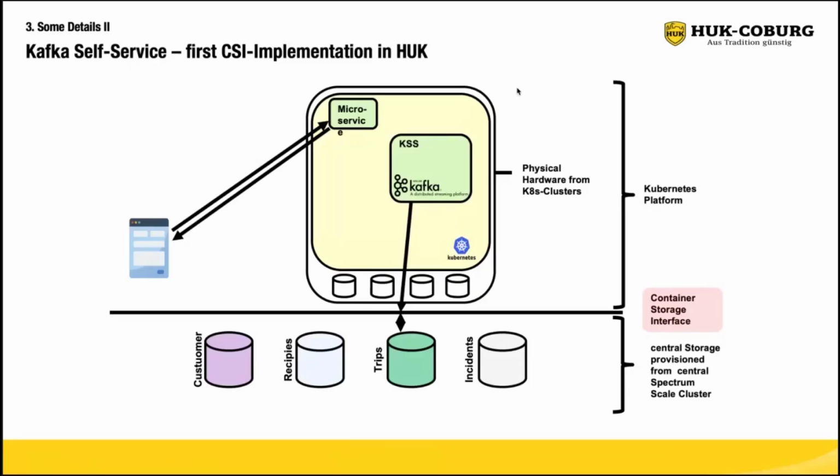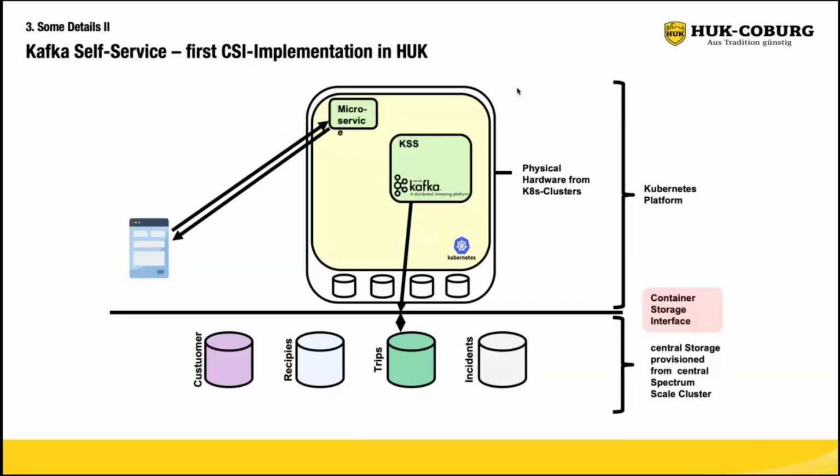Here you see the Kubernetes platform with the implemented CSI functionalities that Smita mentioned, with all the components. On the bottom side, you see a remote cluster connected to all the use cases that we now have, like storage areas for consumer bases, for recipes, for trips, for incidents in our car insurance efforts, and now we can use it all together in the Kafka self-service with this implementation.